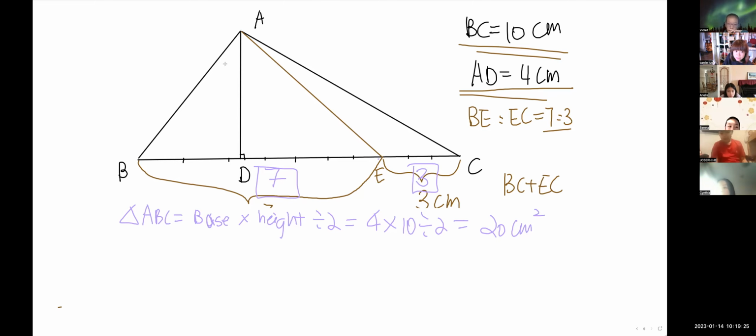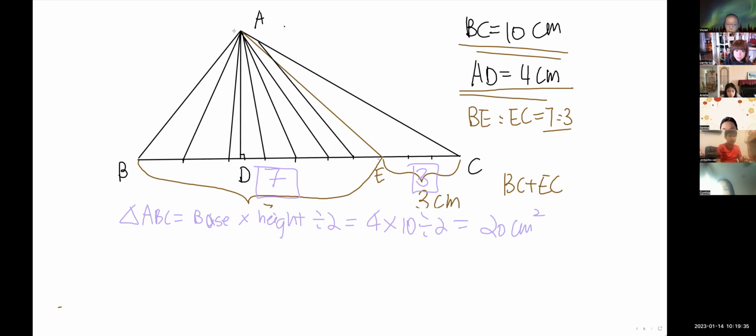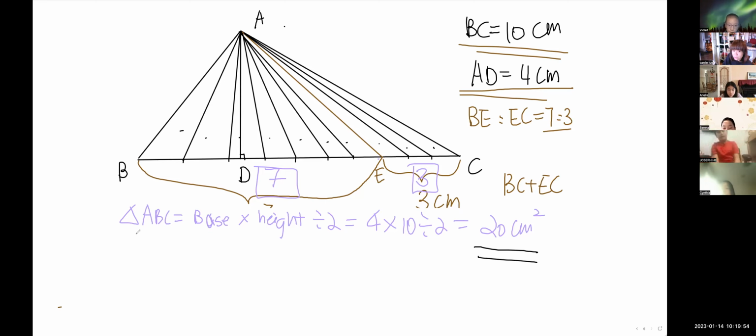To help you understand better, you can use lines to cut these triangles into 7 equal parts, and this triangle into 3 equal parts. Altogether there are 10 equal parts of the bigger triangle, whose area is 20.